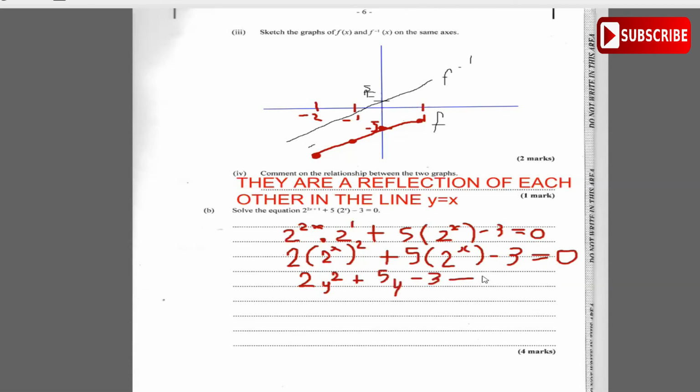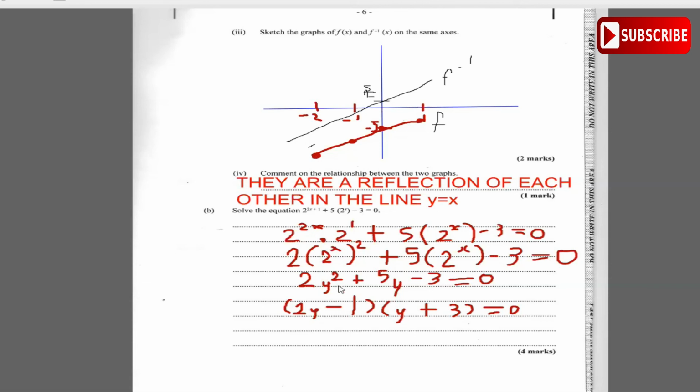So now that you have a hidden quadratic, you can factorize and equate it to 0. Now 2y squared can be broken up as 2y multiplied by y, and minus 3 is going to be 3 and 1. Signs are different, and the bigger number goes with the plus, so you put a plus here and a minus here.